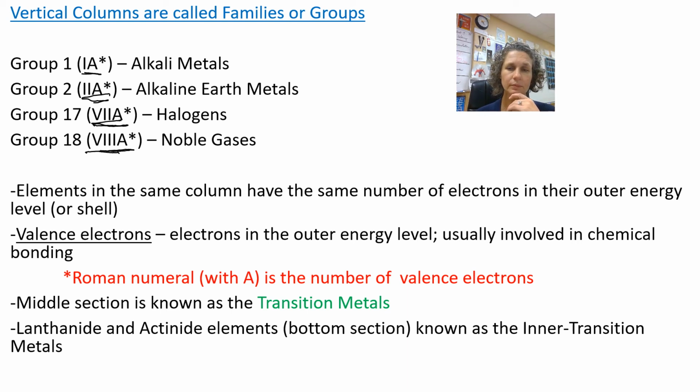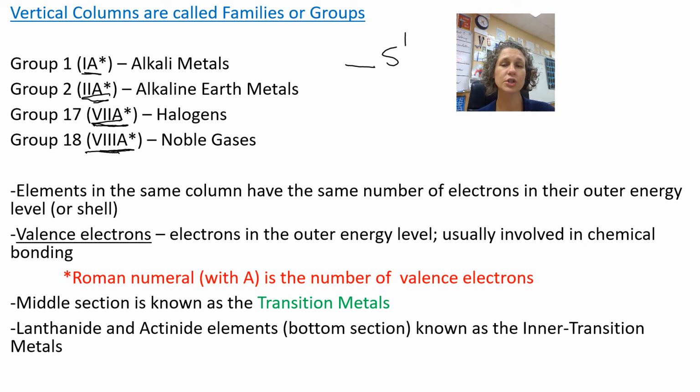I'll get to that in just a minute. I'm just going to go down my list here. Elements in the same column have the same number of electrons in their outer shell. So for instance, everything in group 1 has 1 electron in its outer shell. So the last thing that you would write for everything in group 1, if you're doing electron configuration, would be something s1.